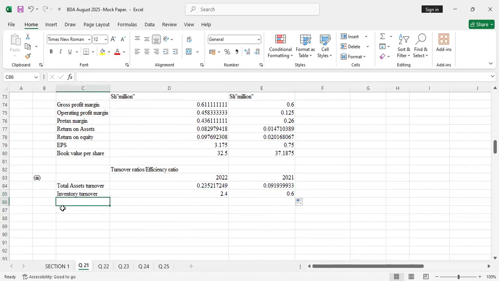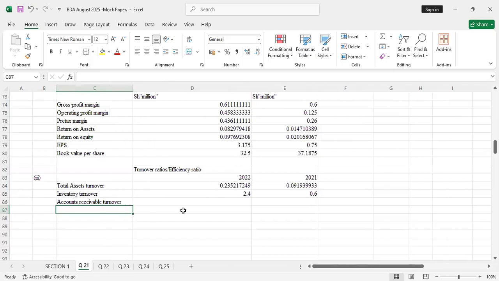Now we look at the other one, the accounts receivable turnover. What is key is the formula. Once we get the formula, we will get the right answer.